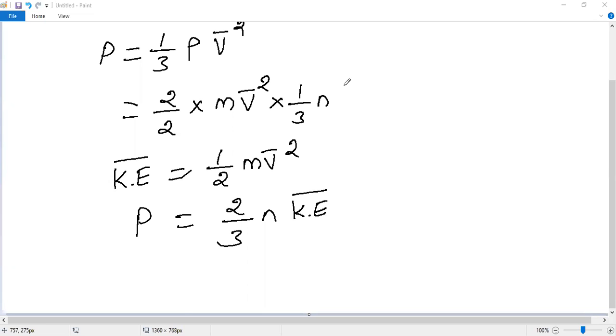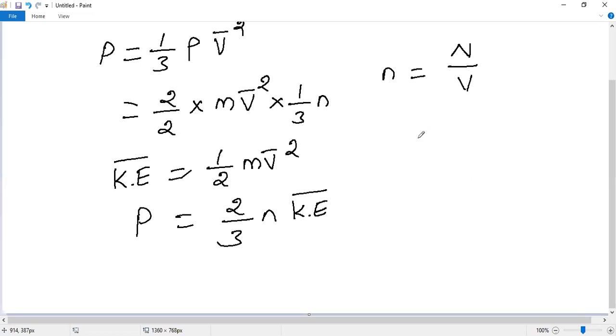And I am also changing the format of n. See here, small n equals capital N divided by V. Capital N means the total number of gas molecules, and V denotes volume. Total number of gas molecules in volume V, that is small n.